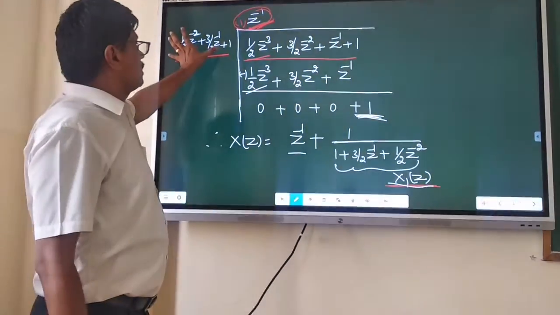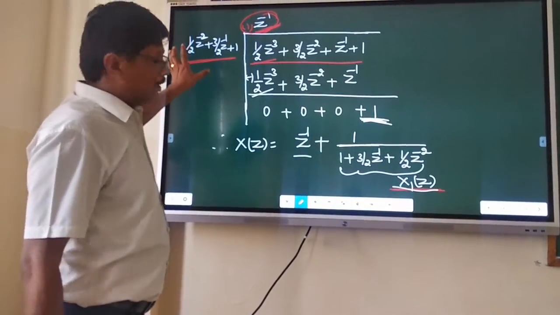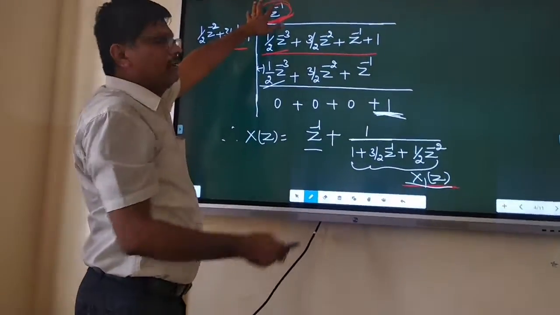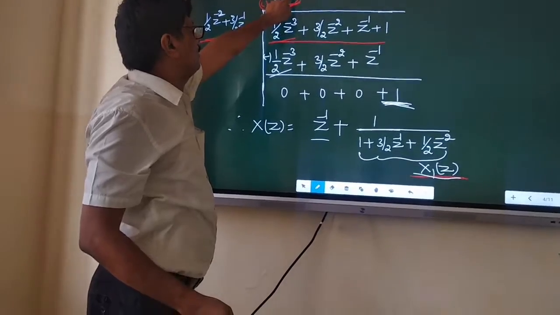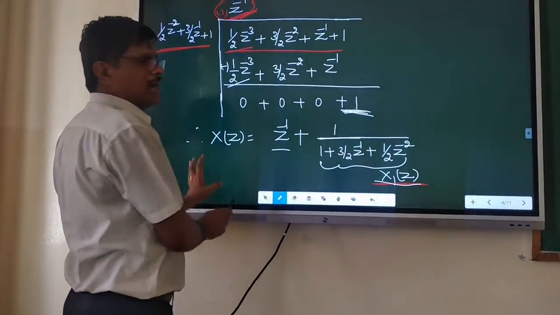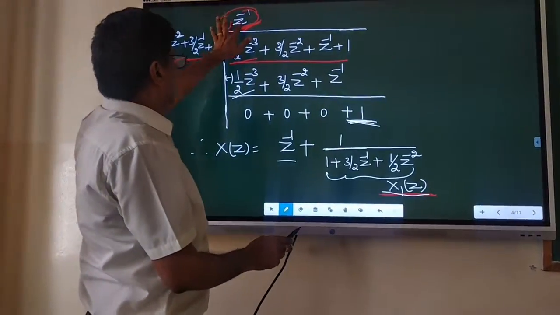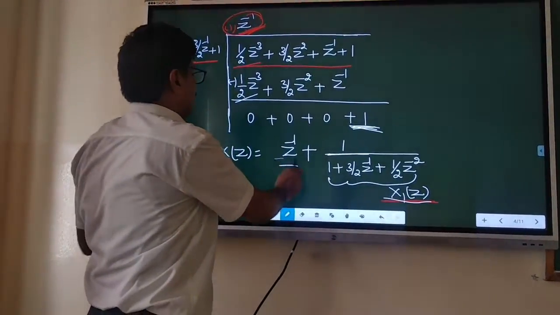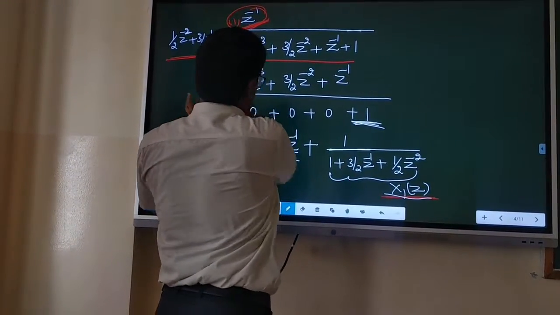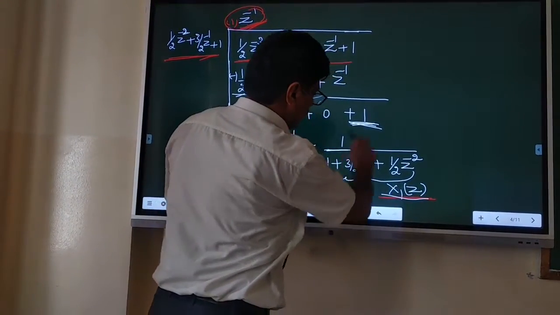I know this method. Write the denominator as the divisor and the numerator as the dividend. Start dividing with a term such that z power minus 1 gets cancelled, so we get plus 1. Now write x of z, bring it to normal form. Write the quotient first, z power minus 1 plus 1, then the remainder by this divisor. You will get x1 of z.